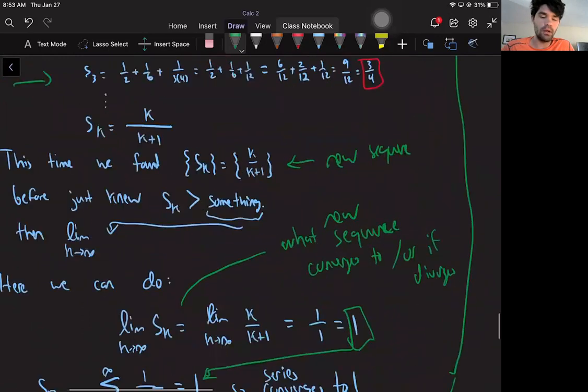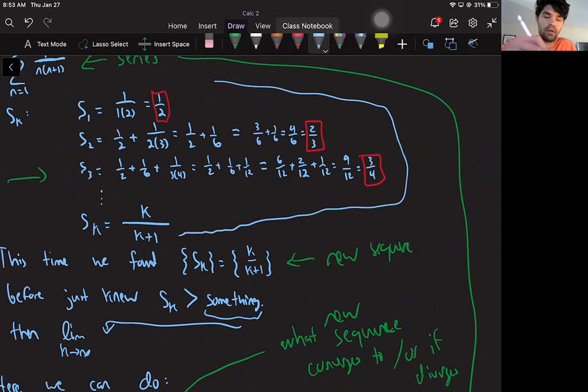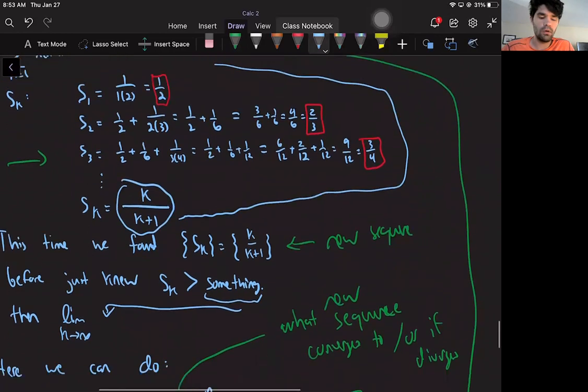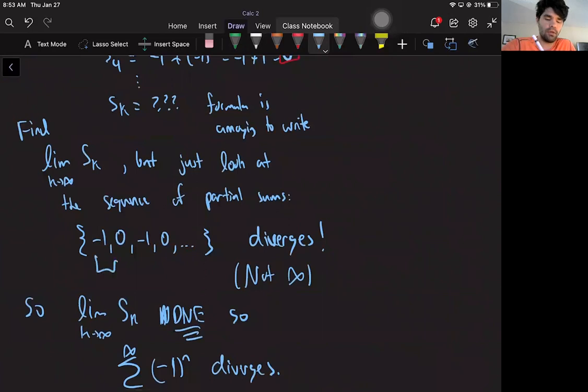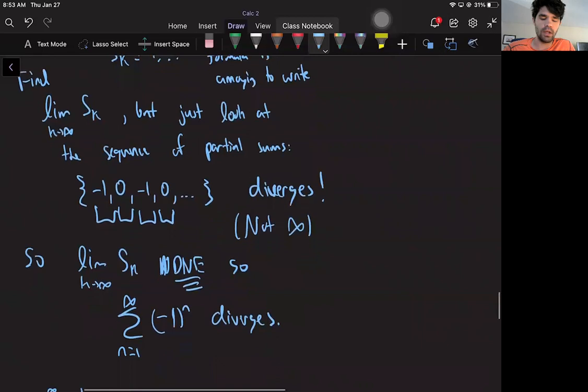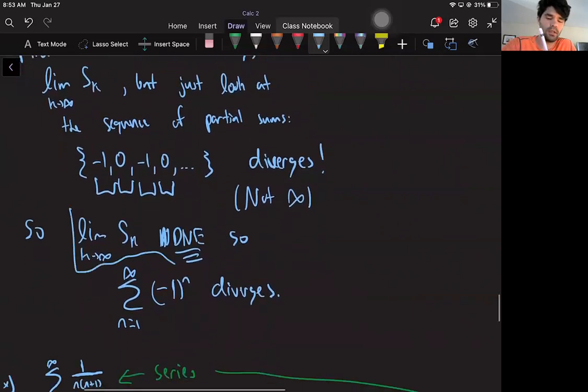Okay, and then in between here, the tough part is always dealing with this stuff and figuring out either a formula for SK, like in this example, or in the previous example, that SK follows some sort of pattern which does not converge to anything. And so this limit does not exist, and so the series diverges.